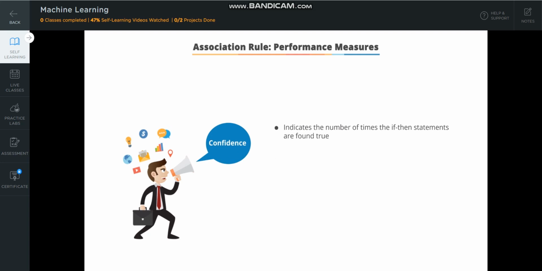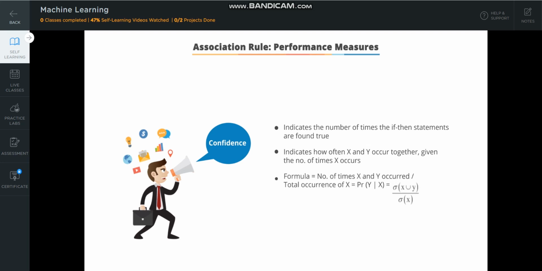Confidence indicates the number of times the if-then statements are found true. It indicates how often the items X and Y occur together, given the number of times X occurs. It is calculated as the number of times items X and Y occurred divided by the total occurrence of X.